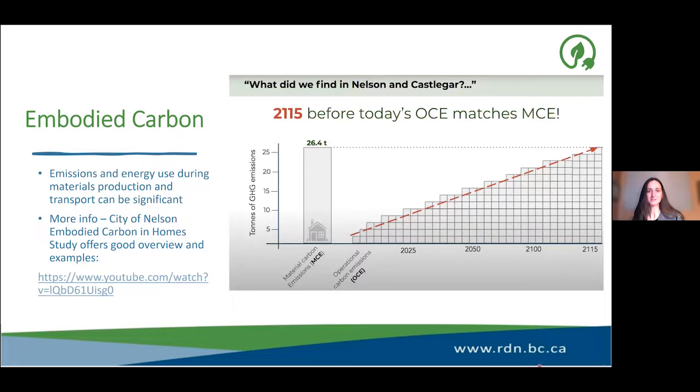It's been a bit missed in the industry and in policy up until now, but there is a huge shift towards thinking about this type of thing now. So I think there'll be a lot more discussion on this topic and policy developed in this area as we go. You as someone potentially building the home have the opportunity to use low emission products or even products that actively store carbon.